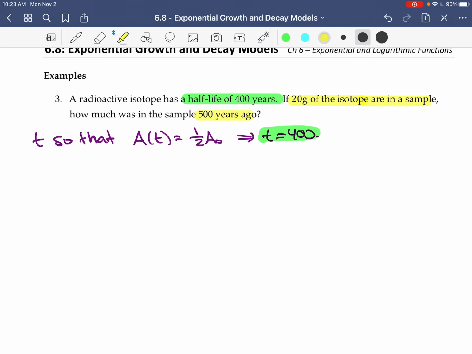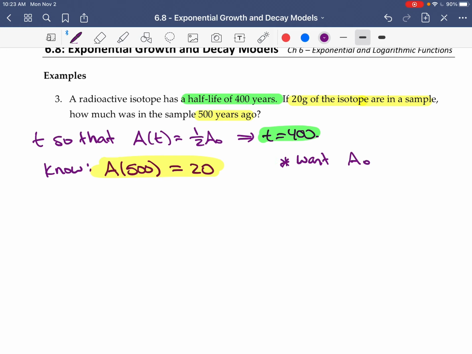So that's giving us A of 500 is equal to 20. That's what that piece of information tells us. And what we want is A0. We want to know how much is in there initially. So we're going to use this information to figure out k and then A0.